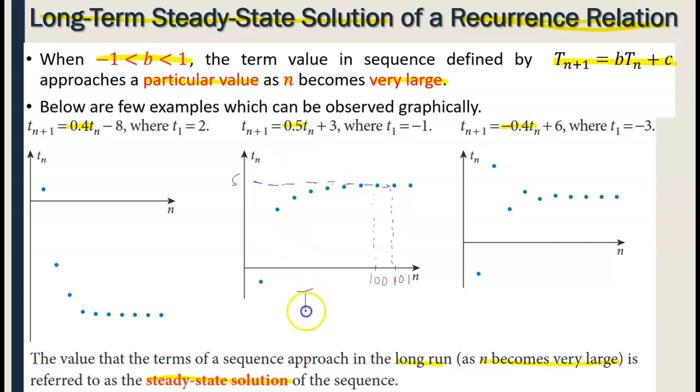That means the term when n equals 100 is also the same as the term of 101. So if it's approaching a long-term steady state and becoming a constant, I can say that the term of n equals the next term.